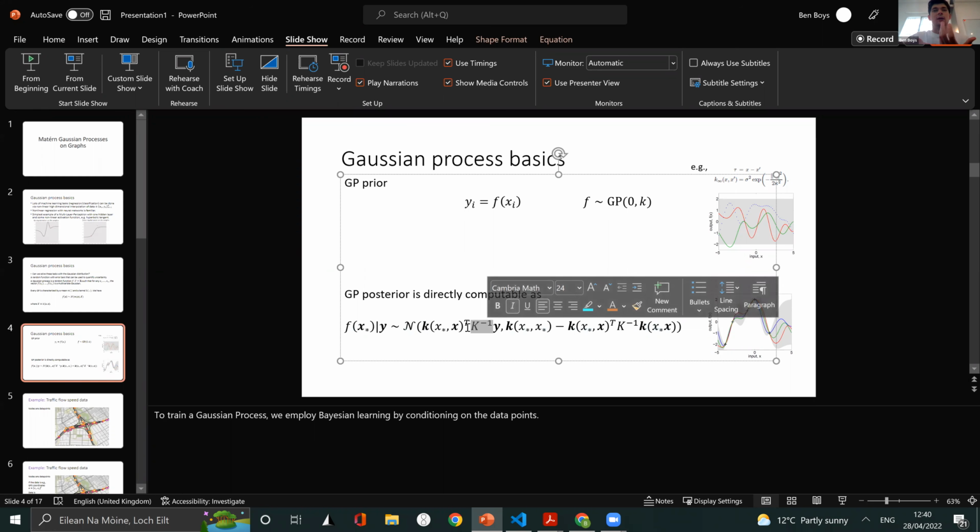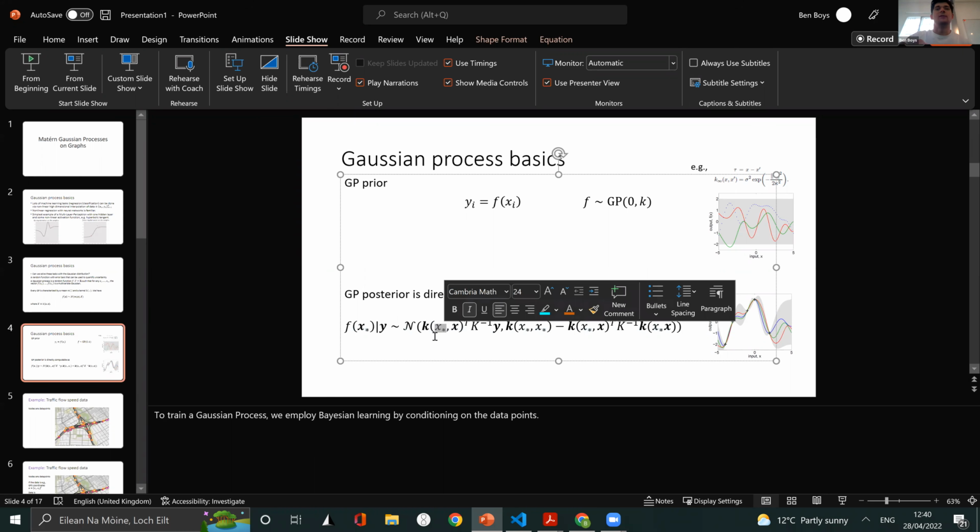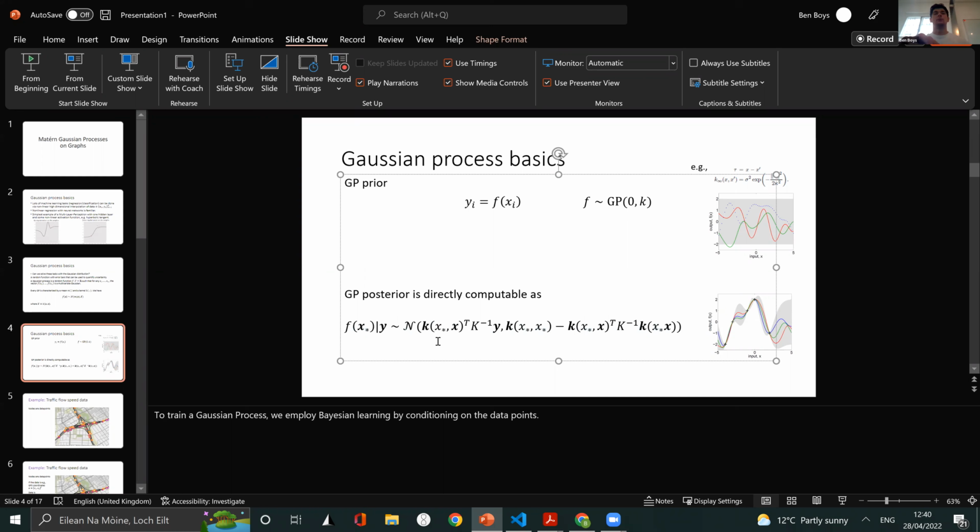If we were to write, say, Q is K to the -1 and then write everything in terms of Q, you'd get a Q to the -1 here, but that wouldn't compute, because if you had another input point, then everything in that precision matrix would change. But the nice thing about covariance matrices is that if you add a point to a covariance kernel, it doesn't change the other elements. You just add a new row and a new column.